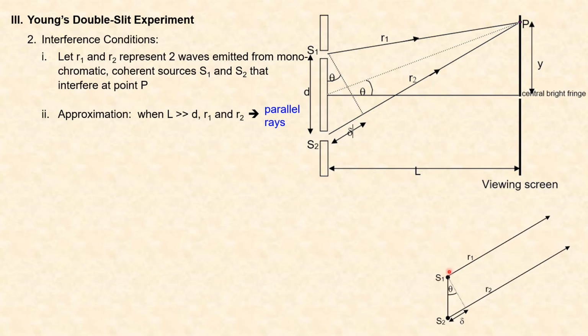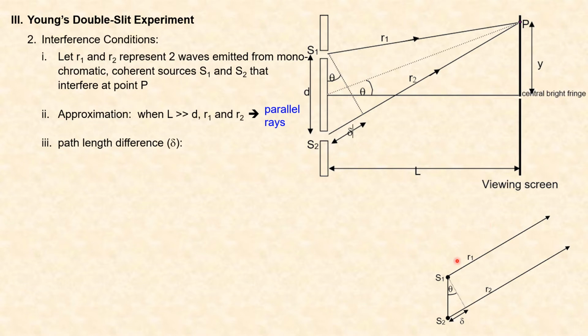That R1, the path that the wave emanating from slit S1 takes, will be parallel to the path R2, which is the path that the wave emanating from slit S2 takes before reaching the viewing screen.